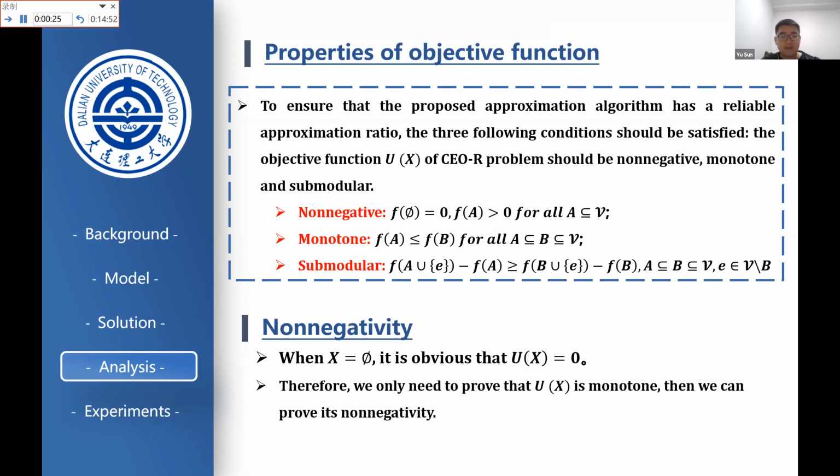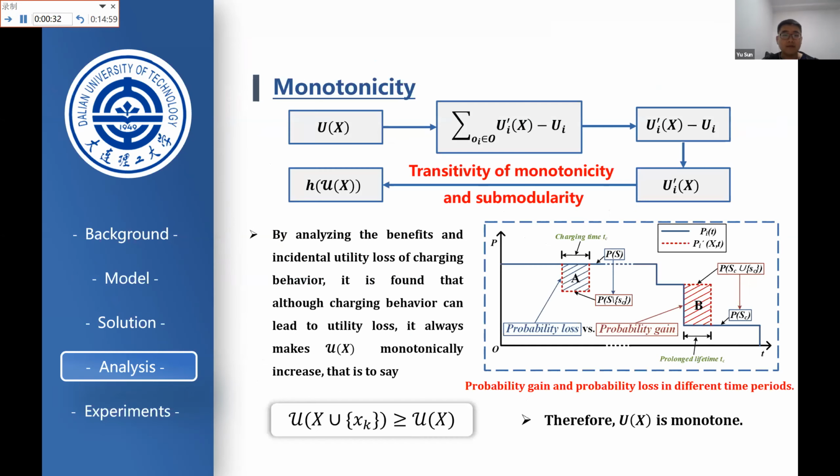For the non-negativity, we only need to prove that UX is monotone, then we can prove its non-negativity. And for the monotonicity, we utilize the transitivity of monotonicity and submodularity to convert the original objective function UX to a simplified version. And it is given below.